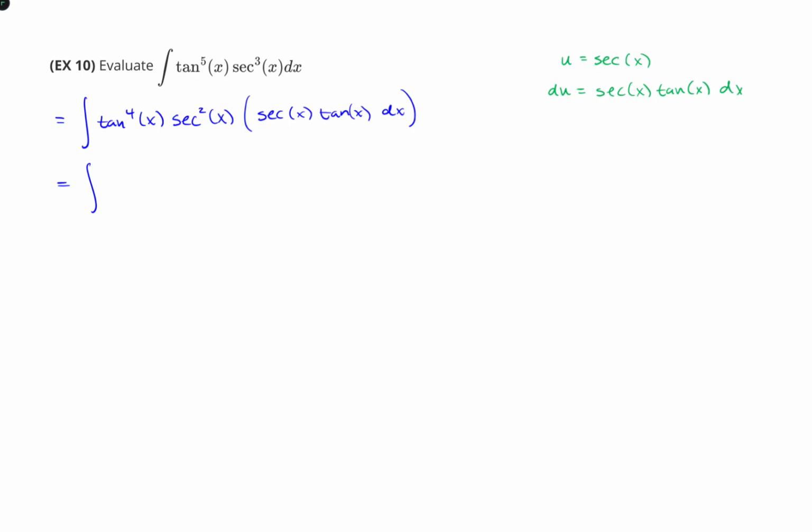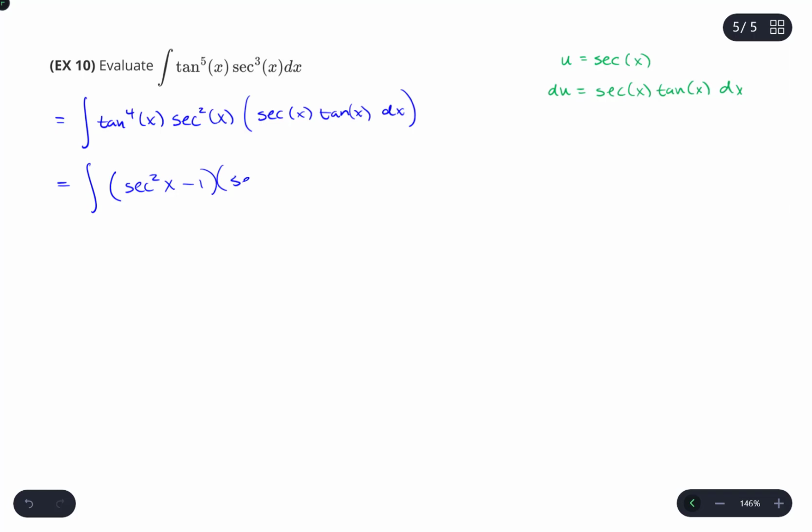But here it's unavoidable. So I do need to take tangent to the fourth, rewrite it as tangent squared times tangent squared, which is secant squared x minus 1 times secant squared x minus 1, and then I have a secant squared outside, and then finally what I'm going to use for du. So secant x tangent x dx.